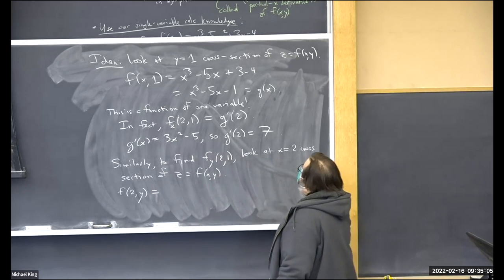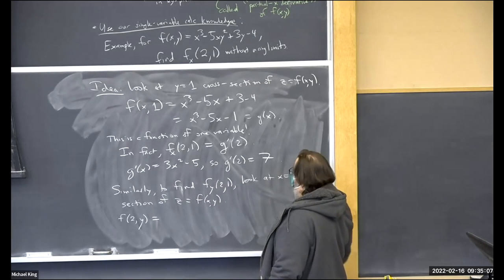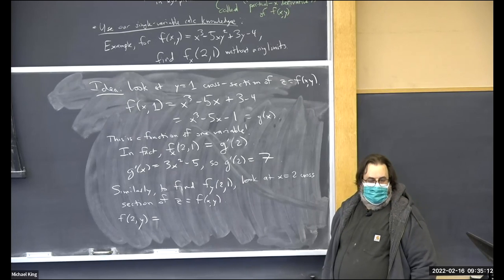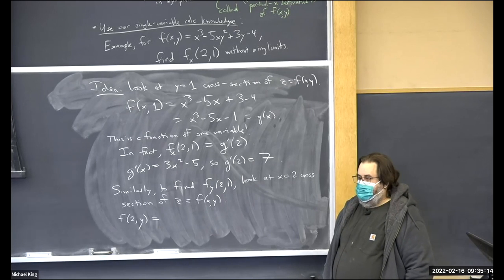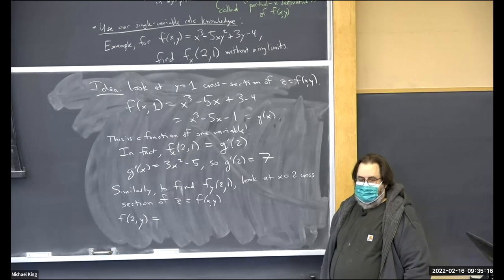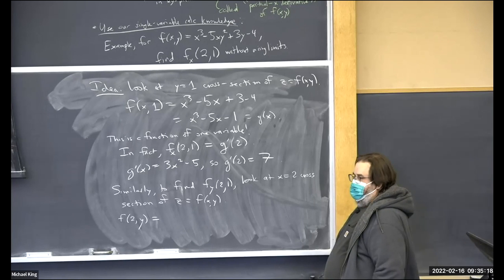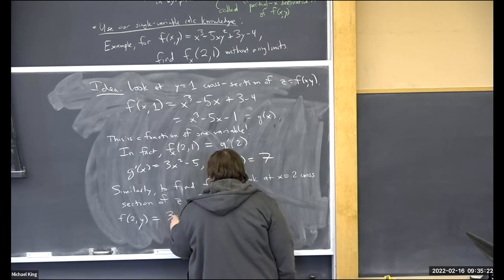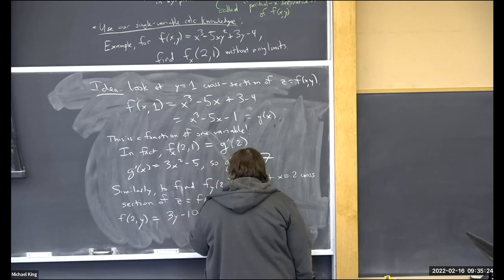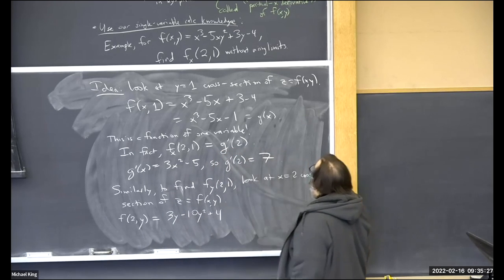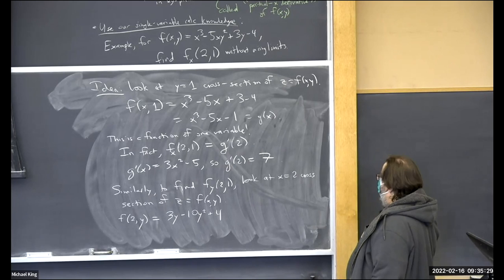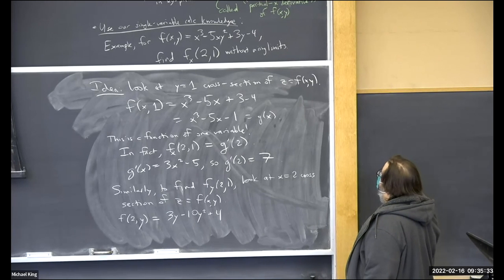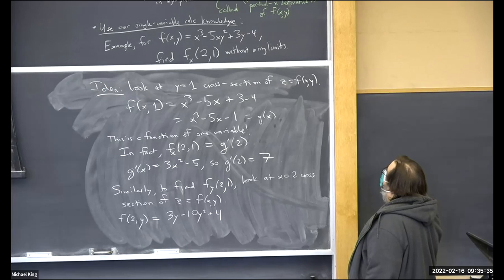What'd you get for f of 2, y? They tell me what they got for f of 2, y. 3y minus 10y squared plus 4. Is that what everybody else got by plugging x equals 2? Right, I guess you get an 8 minus 4, and you get a minus 10y squared.